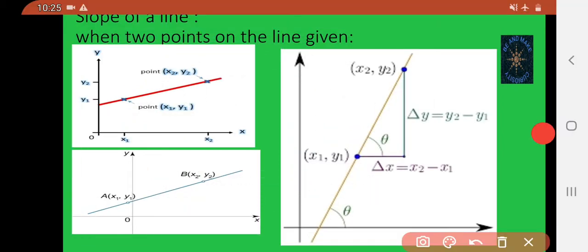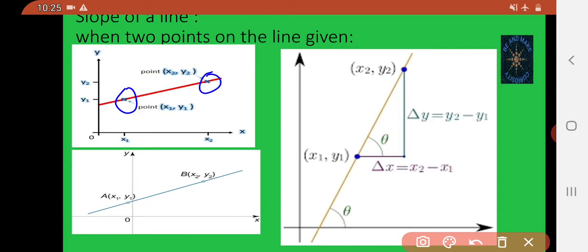Now we shall find the slope of a line when 2 points on the line are given. Here you see 2 points are given.